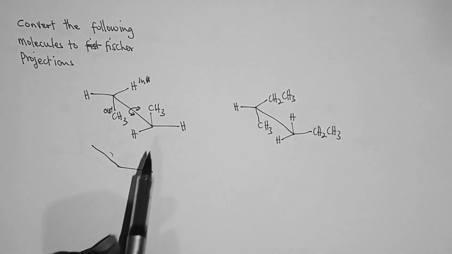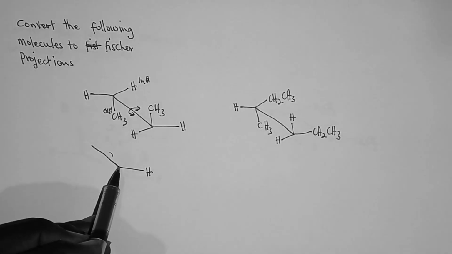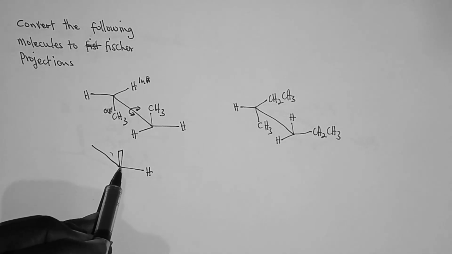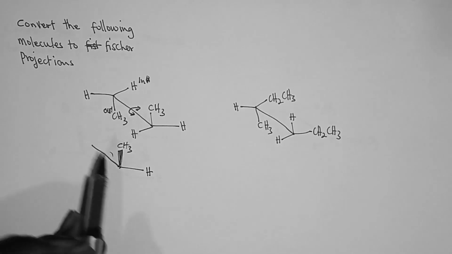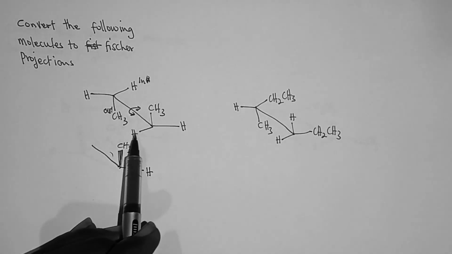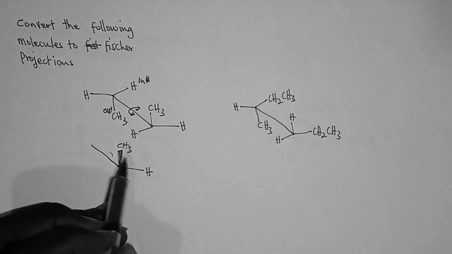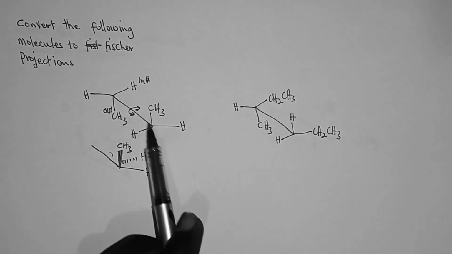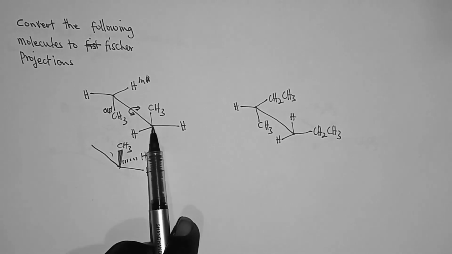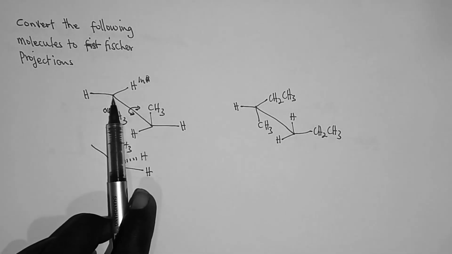We see that this CH3 is coming out of the page, and therefore I'll represent it with a wedge bond. So this is CH3. And then this proton is going into the page, so I'll represent it with a dash bond. We didn't do any rotation to this side of the molecule. The rotation only happens at the top.